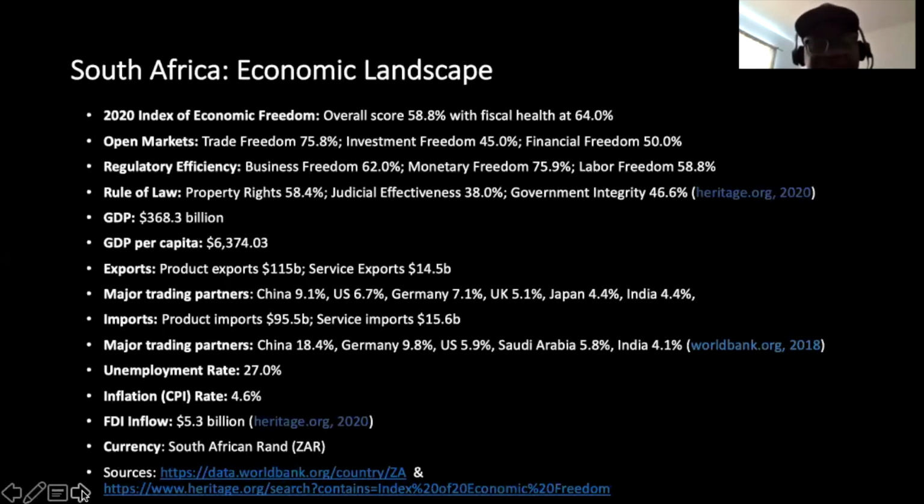Judicial effectiveness, in terms of the implementation of the law for business practices in South Africa, if it is 38.0%, it means that there isn't enough backing for the judicial system for businesses. So an investor has to look at that. Government integrity, what the government does to instill confidence in the population, is 46.6%, which means that the level of corruption seems to be high.